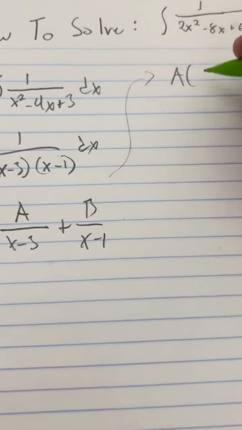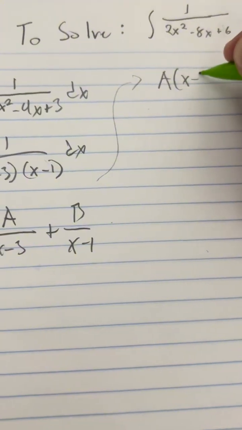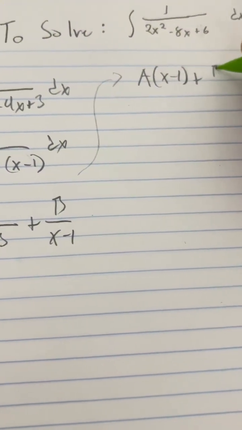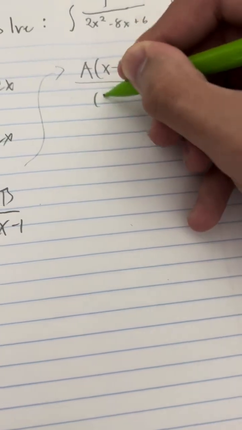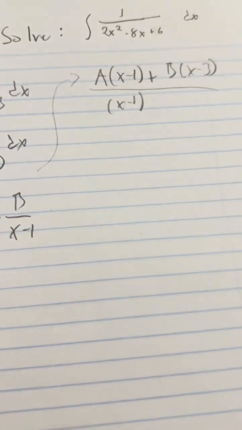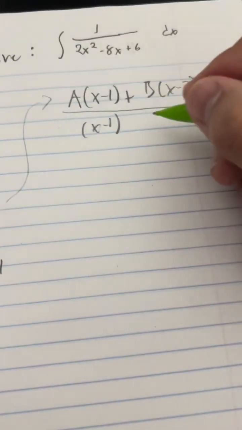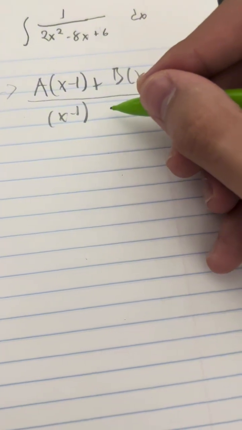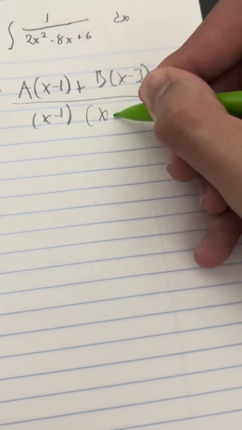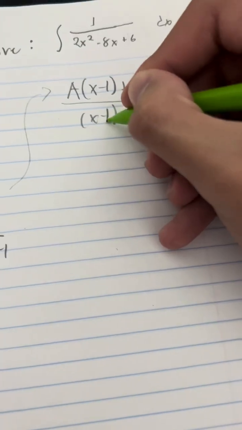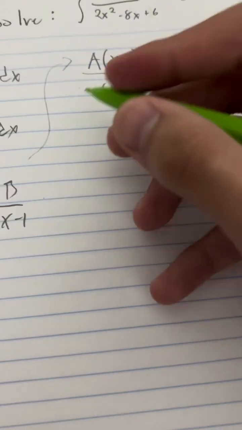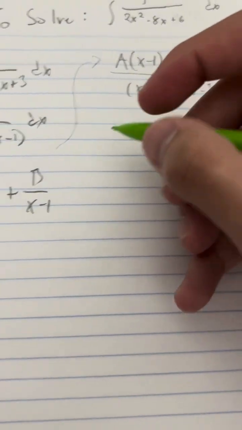This can be a times x minus 1 plus b times x minus 3 over x minus 3 times x minus 1. So now we solve for a and b.